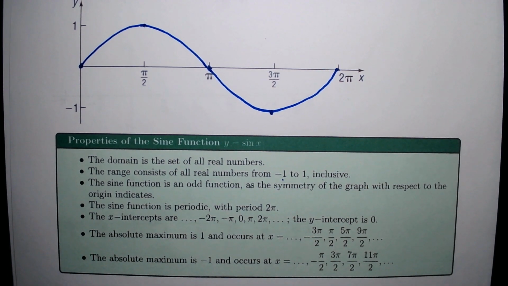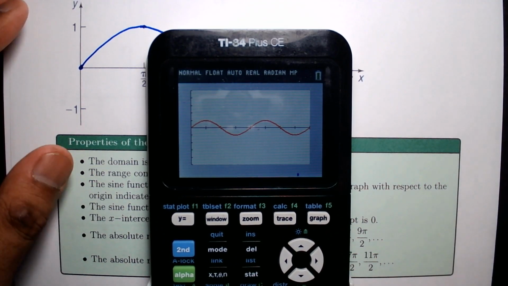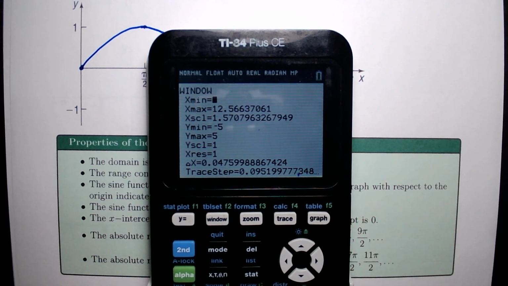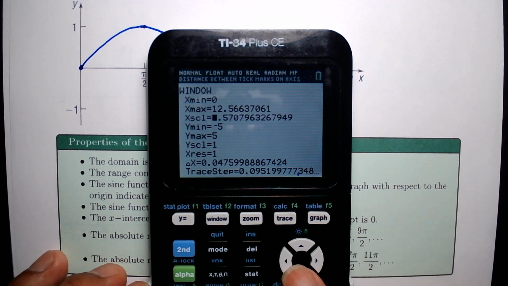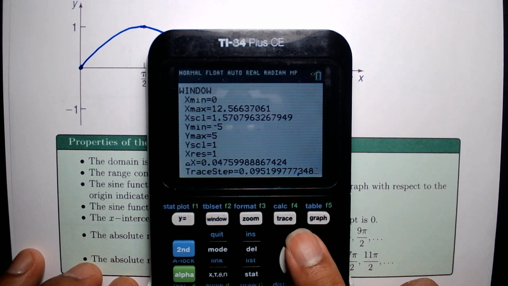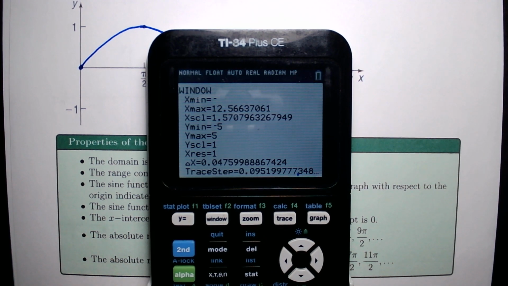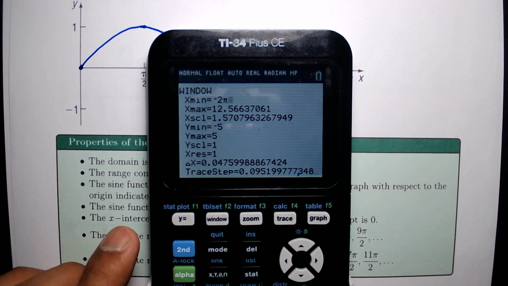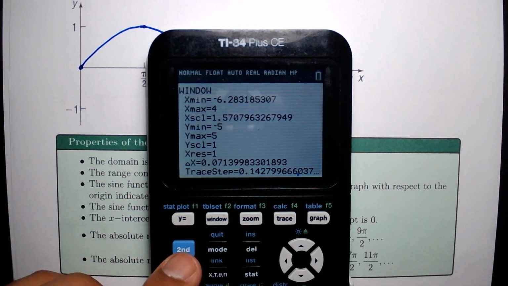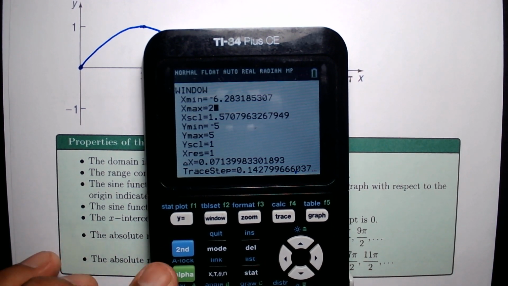Let me actually show you another view. Let me edit the window here. For the x min, instead of 0, I'm going to go for -2 pi, and I'm going to change the max to 4 pi. No, actually 2 pi.